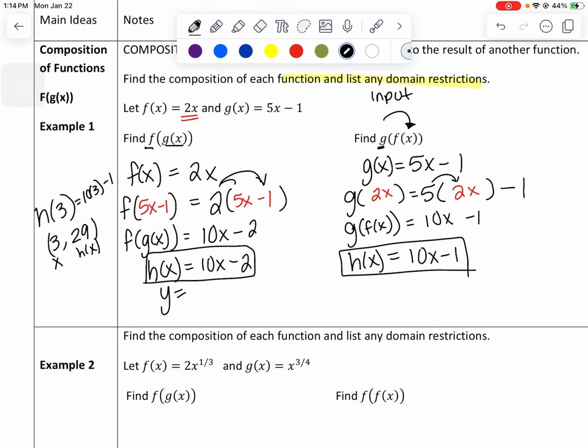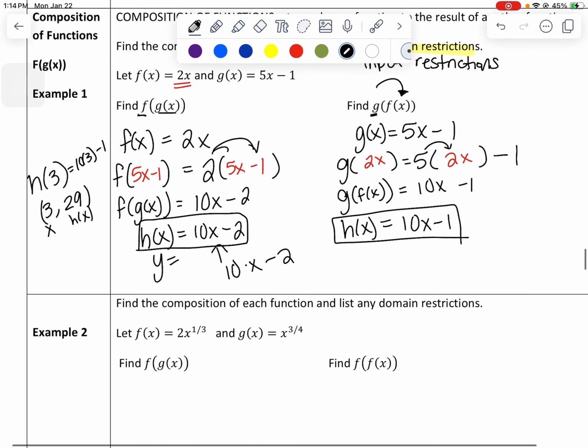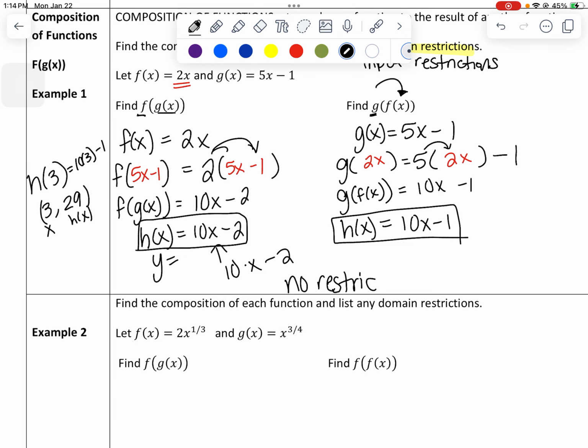Input restrictions is essentially another way to think about domain restrictions. And this is just 10 times x minus 2, and so there's no restriction to what you can multiply by 10. So no restrictions. And the other side would be the same idea. Okay, so that was composition with linear functions.